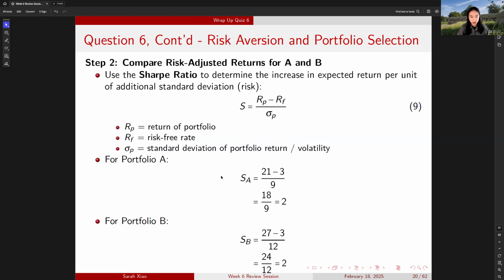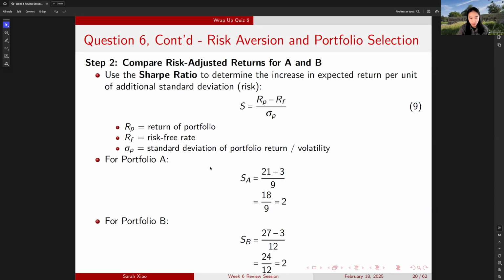And next, we compare the risk-adjusted return for portfolio A and B. The tool we use here is the Sharpe ratio because it determines the increase in expected return per unit of additional standard deviation, which is a measure of the portfolio risk. So the formula is the return of the portfolio minus the risk-free rate, divided by the standard deviation.